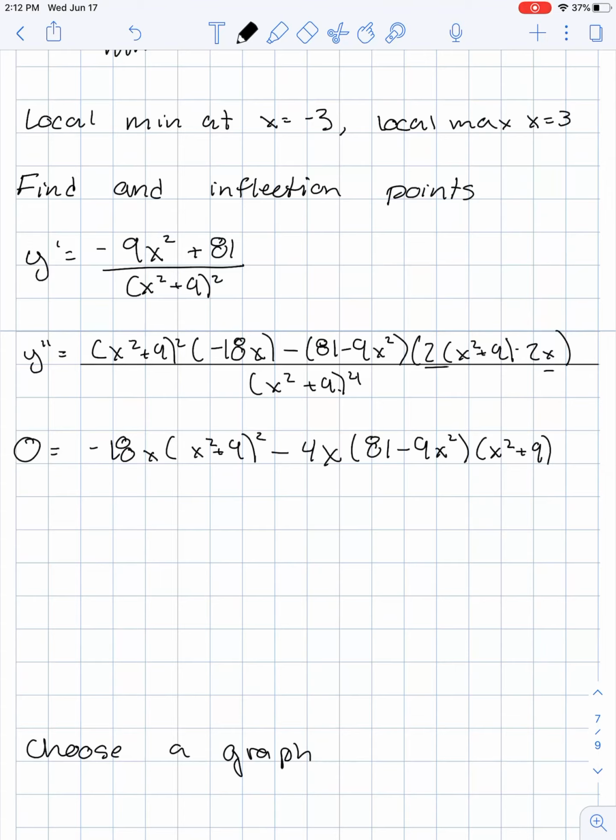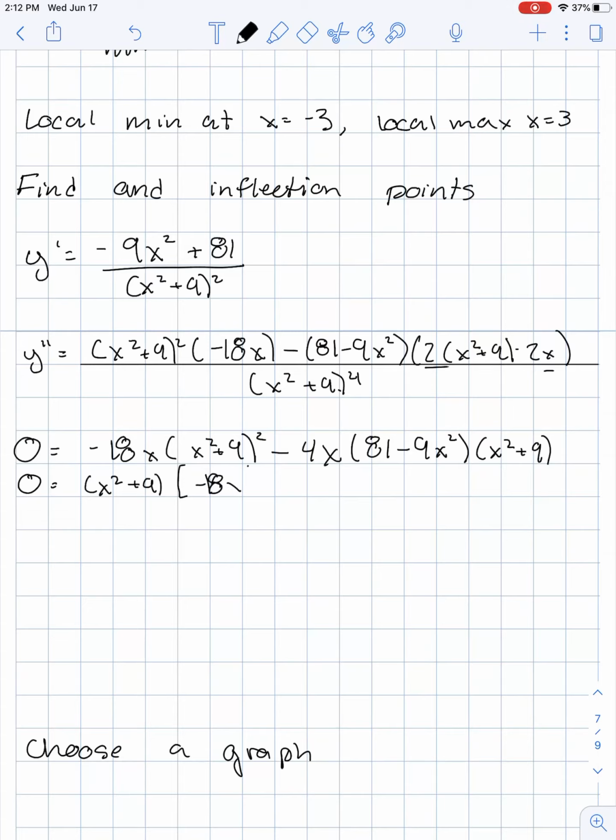Oh man, I have to like multiply these things out. Not necessarily. I'm going to show you a cool trick. Hopefully make your life a little easier. Each one of these terms has x squared plus 9 in it. This one actually has 2 because it's squared. So I'm going to pull it out, and I'm going to pull it out because it's always positive and it's never 0, so I can divide by it. I'm not dividing by 0 secretly.